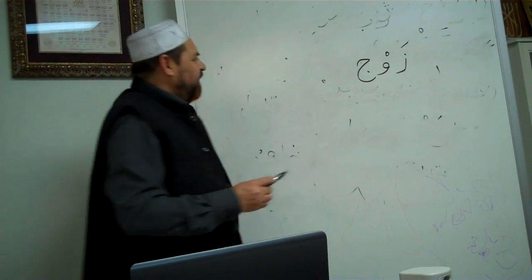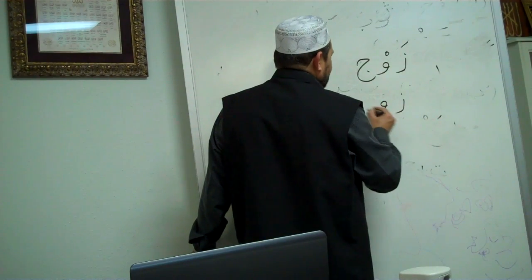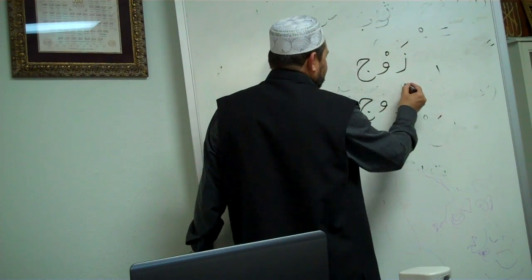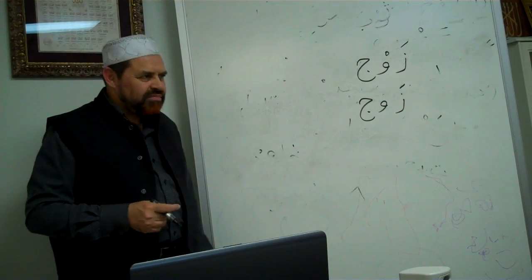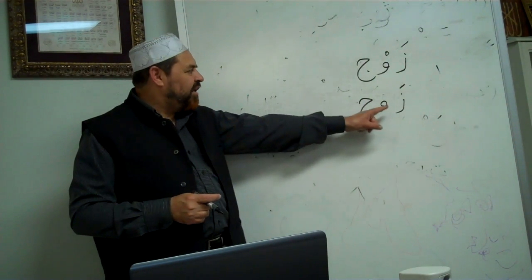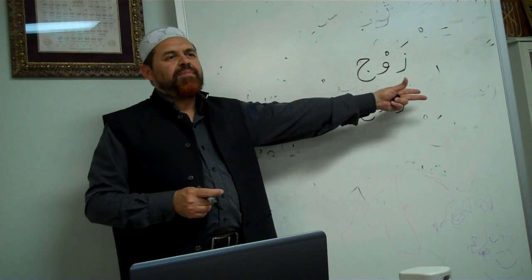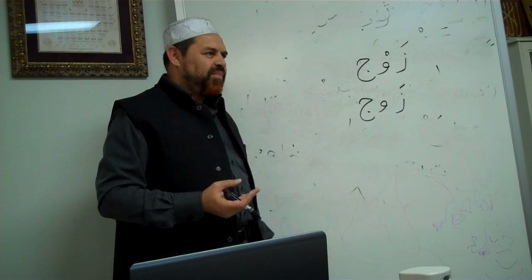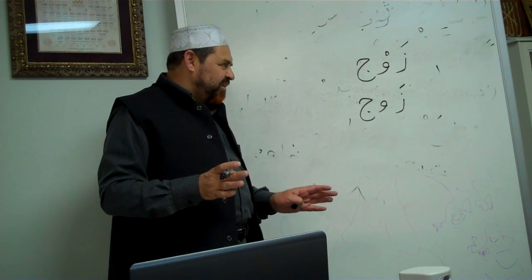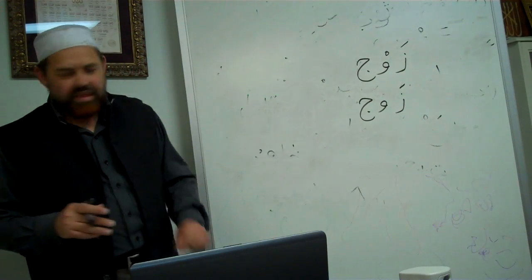The second, when you become more advanced, you can write only the fatha on za, no sukoon on waw. Because you know that if waw is in the middle and the previous letter has the fatha, it will create the diphthong sound. Right? So it's understood. That's why you are reading zawj.